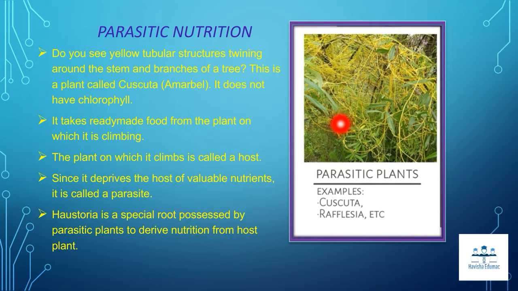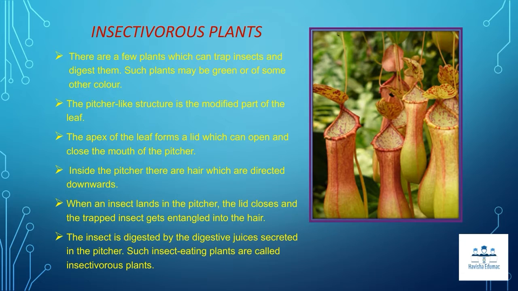Since it deprives the host of valuable nutrients, it is called a parasite. Haustoria is a special root possessed by parasitic plants to derive nutrition from host plant. Examples of parasitic plants are Cuscuta, Rafflesia, etc.